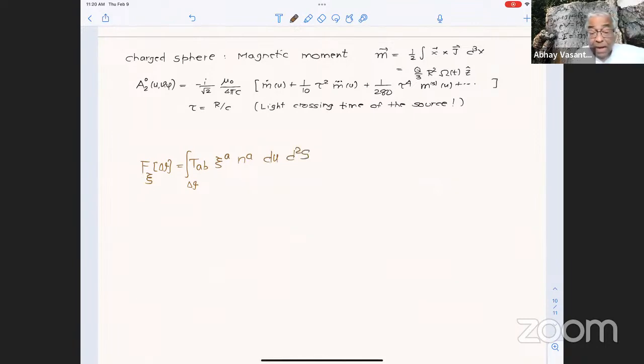Now this du is some finite interval. So we could even look at the flux rate.